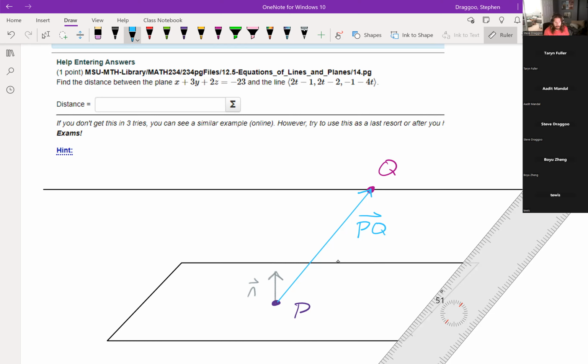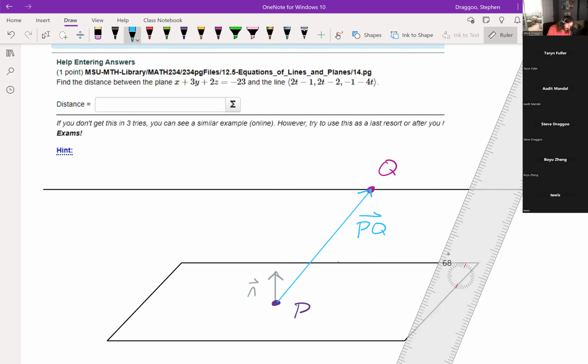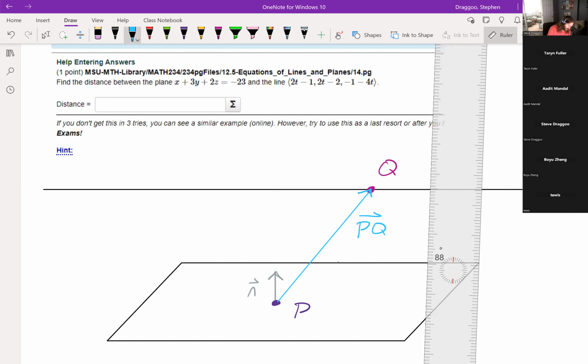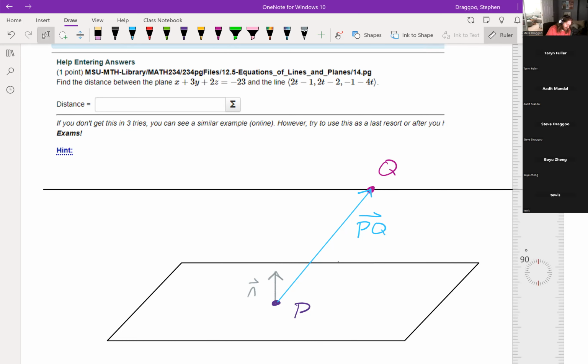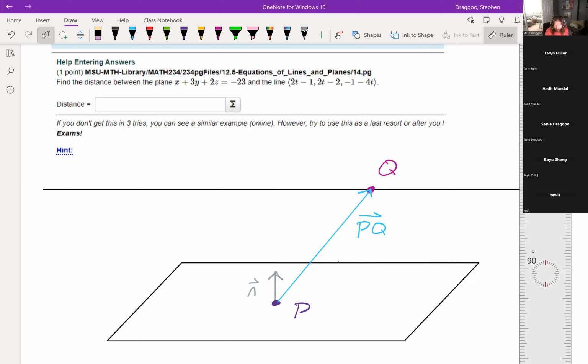Cool, so I'm going to connect the point on our plane to the point that's on our line, and then say that that particular vector right there isn't exactly optimized. That's not going to be the shortest distance between the line and the plane.